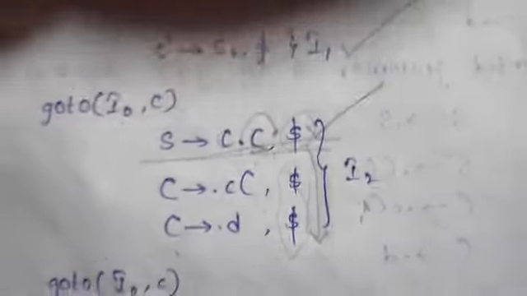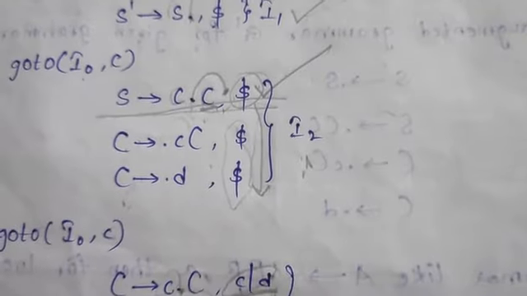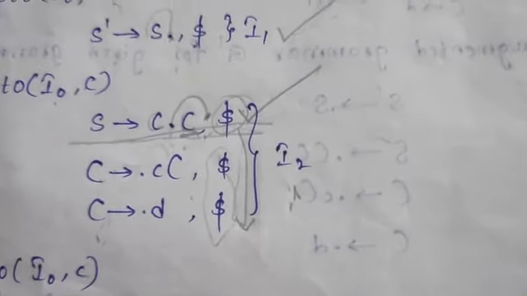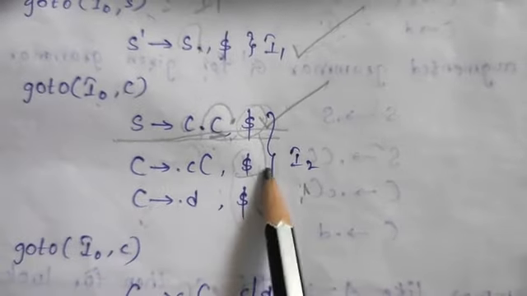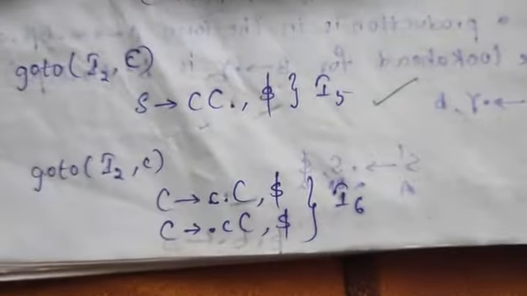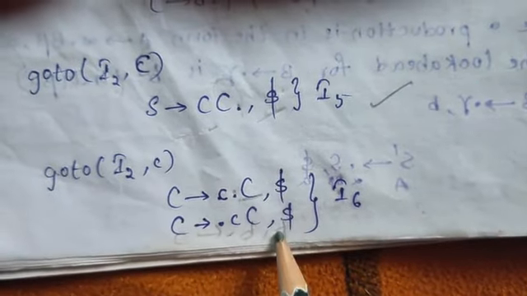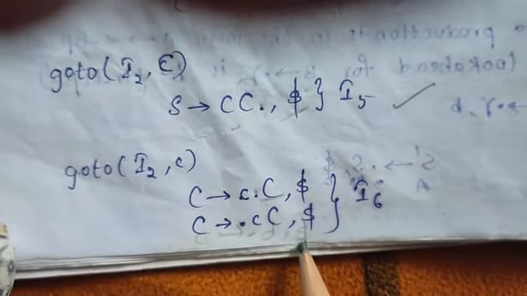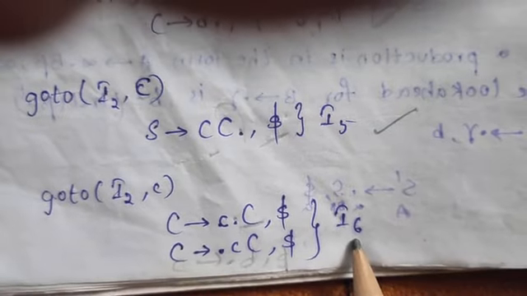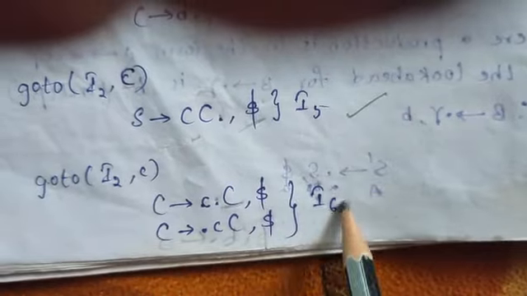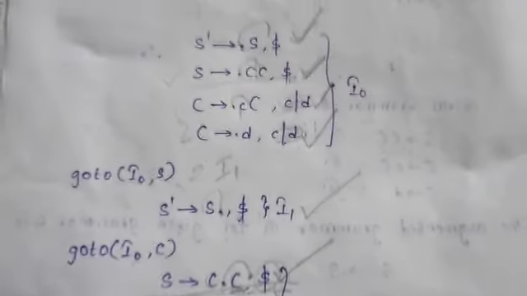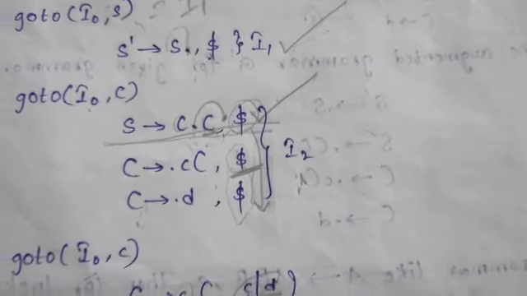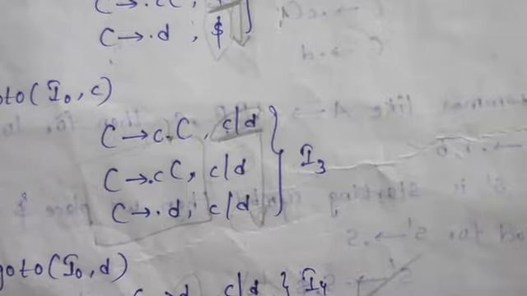Again it will go for I2. In I2 the look ahead of this one is a dollar. For that reason we will place dollar for every element in the particular set, and that can be indicated by I6. Here we compare it, checking I0, I1, I2, I3.